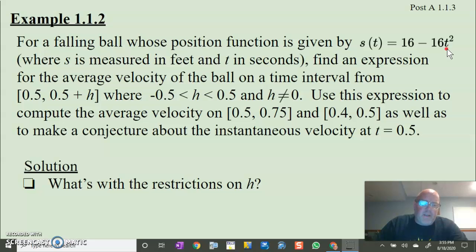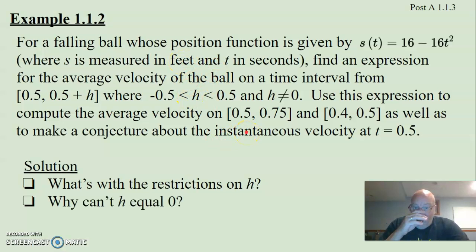As long as t equals 1, the position of this ball is going to be 0, right? 16 minus 16 times 1 squared. But as soon as t is larger than 1, then s of t becomes negative, meaning the position is negative, or the ball is now going underground. So that's why these restrictions are placed on h. It's not an obvious answer.